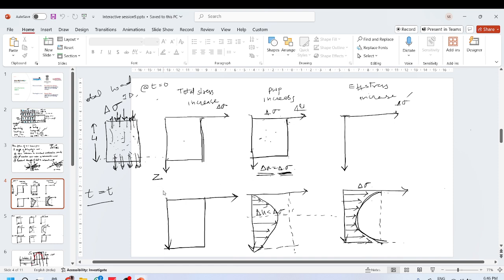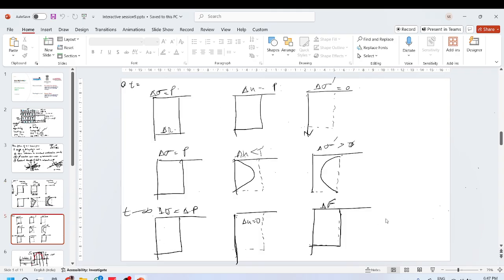And then as time progresses to t, the total stress will remain the same, but the excess pore water pressure decreases. See, it's decreasing in such a way that the load transfer from here is going over to the soil skeleton, which is the effective stress.